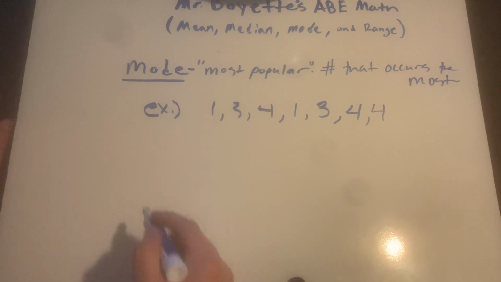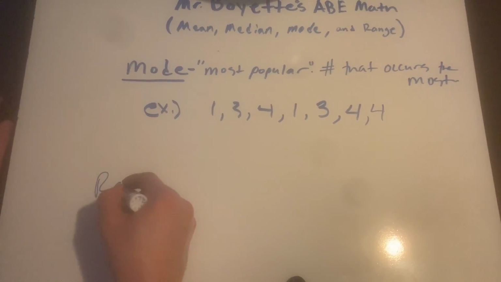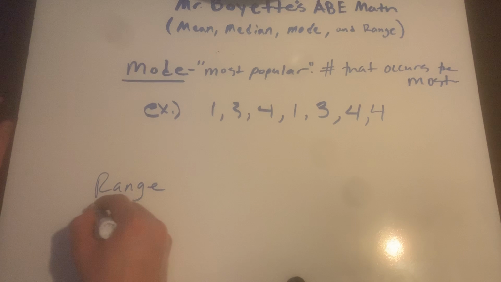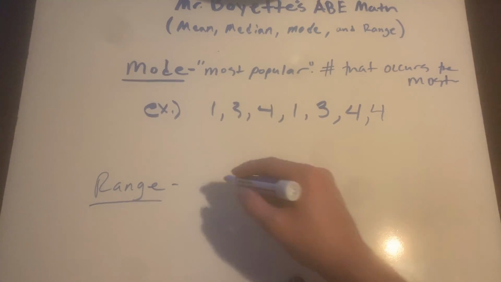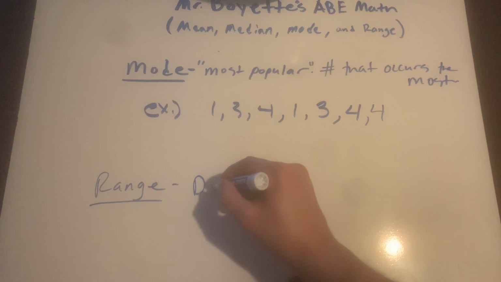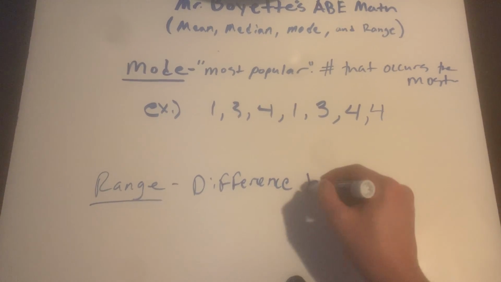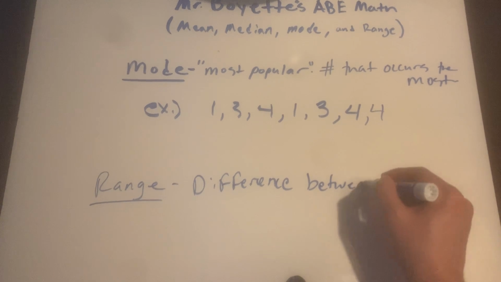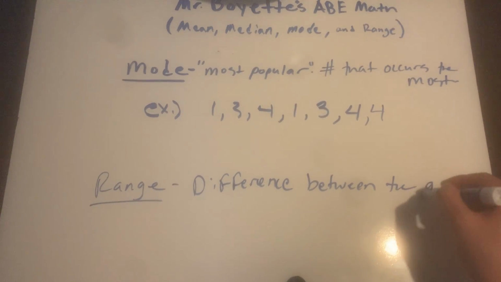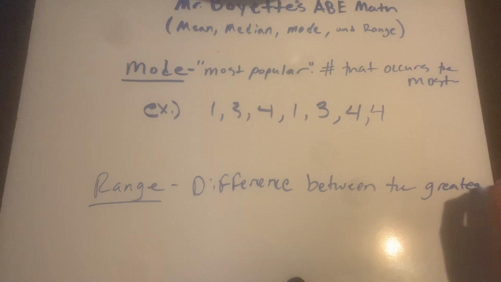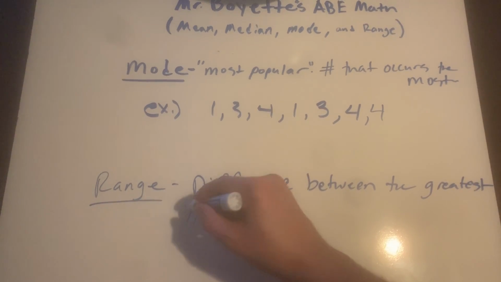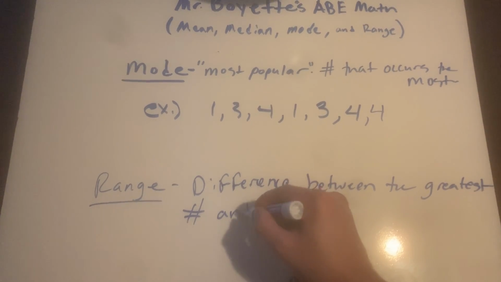All right, so the last is the range. And range is simply the difference between the greatest number and the least number. So I'm going to put that right here. So the difference between the greatest number and the least.